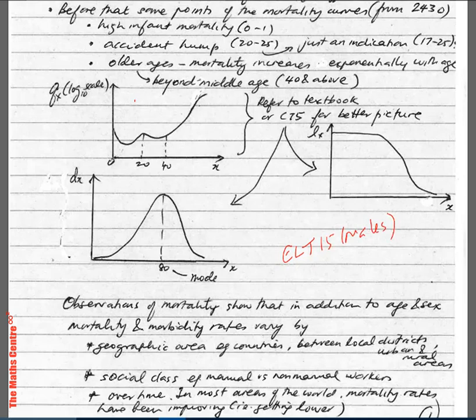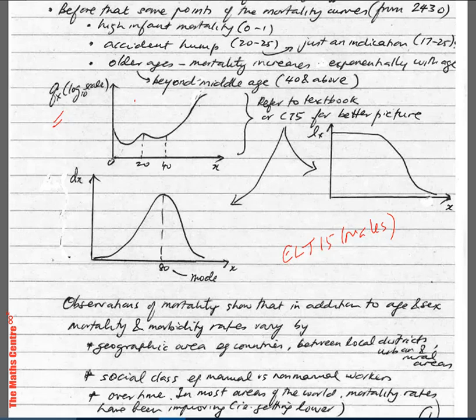Okay. First, this graph, qx versus x. Note qx, in this curve here for qx, we are using the log scale for the vertical axis so that the features are very clear to us.